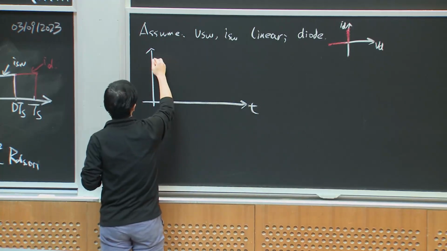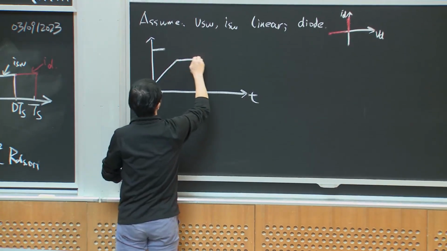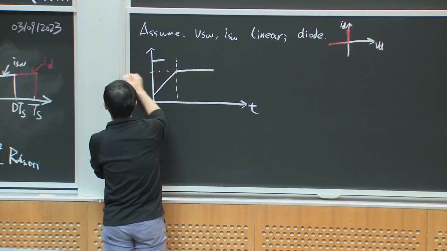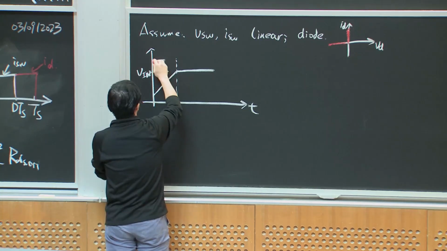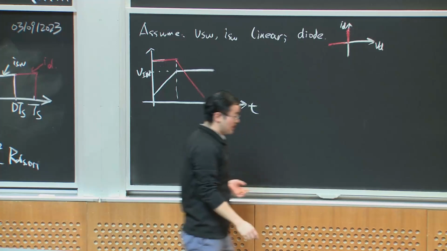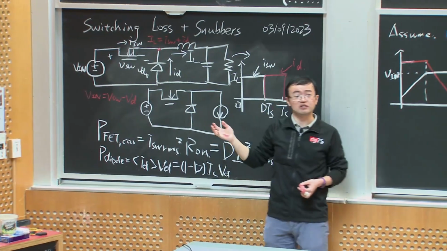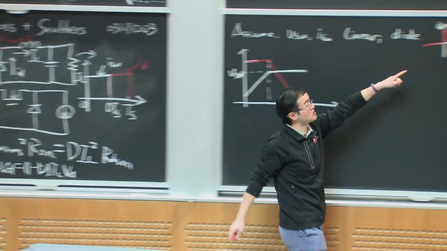So for turning off, I would first say that the voltage increases first. And when the voltage increases to its maximum amplitude, for the buck converter, it's V in. And then the current will drop. Why is it like this? Because from this KCL and KVL equation, the diode cannot turn on or carry current until it has 0 voltage drop.